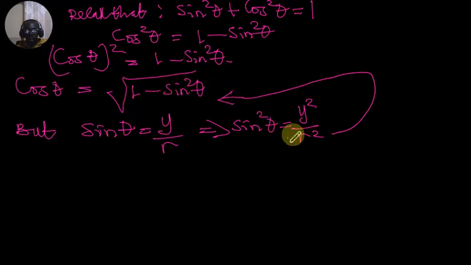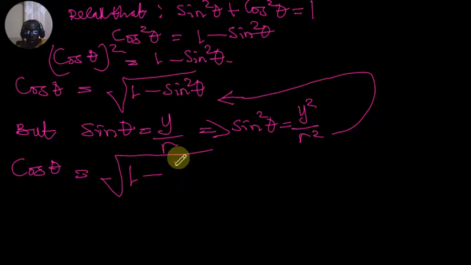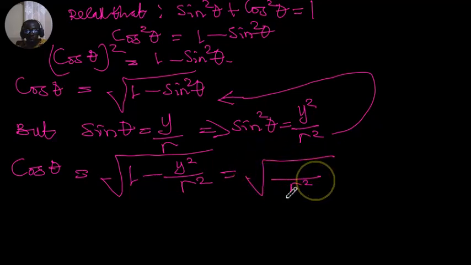Anywhere you see sine square theta, replace it with y squared over r squared. So cos theta becomes the square root of 1 minus y squared over r squared. So take the LCM. LCM here is r squared. R squared divided by 1 is 1 times r squared. So you are left with r squared minus y squared.